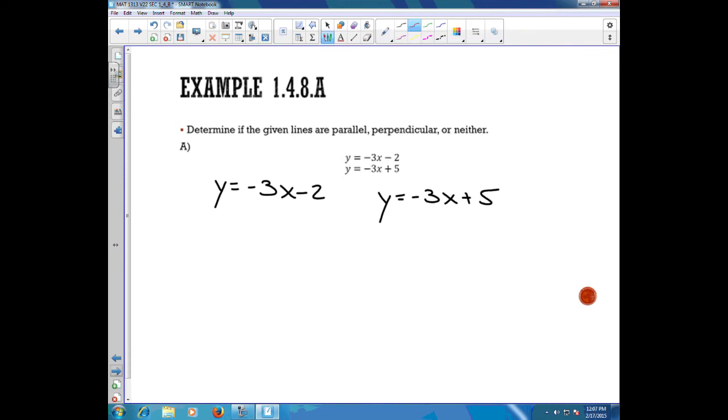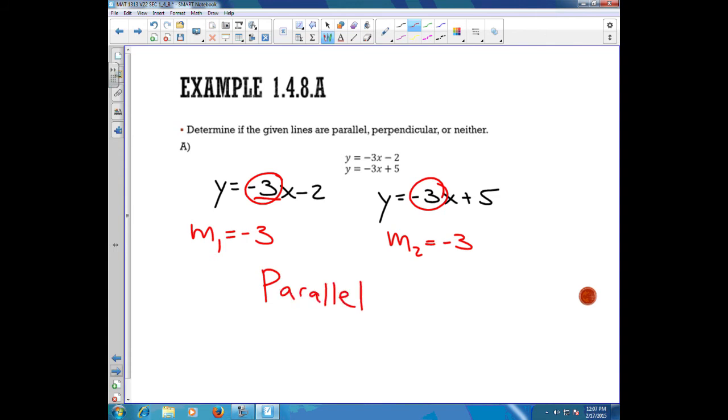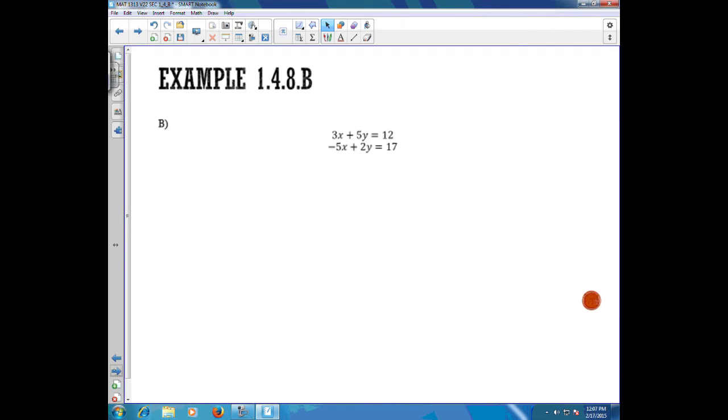Well, these are already in slope-intercept form, and so we can look at the equations and tell that the slope of the first line is negative 3, the coefficient of x, and the slope of the second line is negative 3. The slopes are equal, so these lines are parallel. We go to the next example.